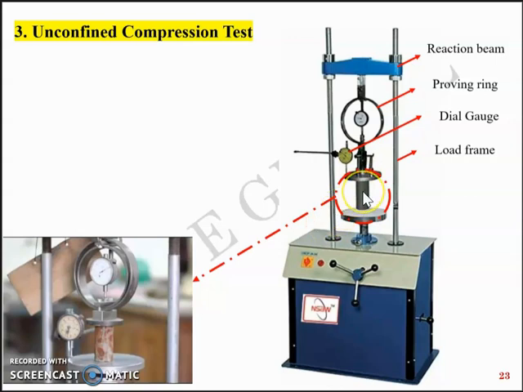That threshold load is measured from the proving ring, and it will give you the stress when divided by the cross-sectional area. That stress will be QU, and half of QU will be the cohesive intercept or the cohesive strength of the soil.